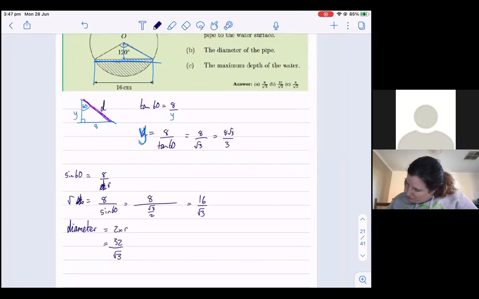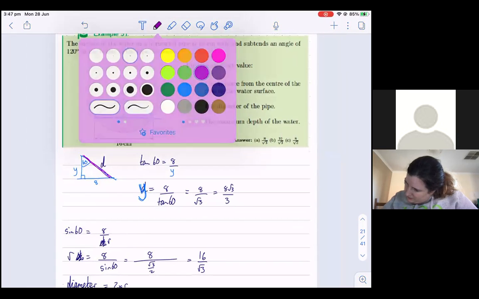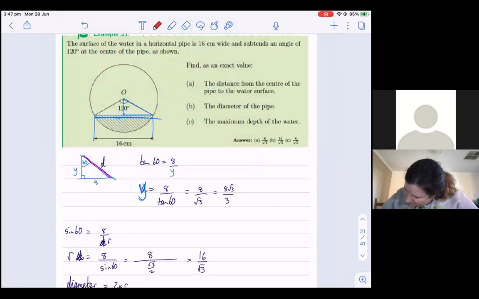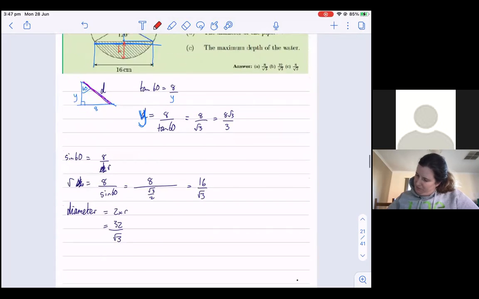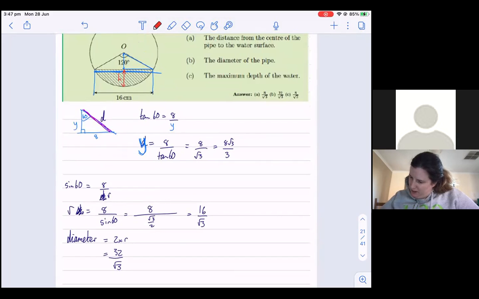And the maximum depth of the water. Actually, I should do this in a different color. Well, the whole way down must be the same as the radius.